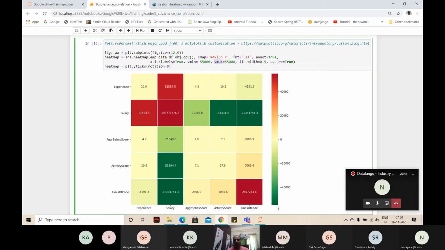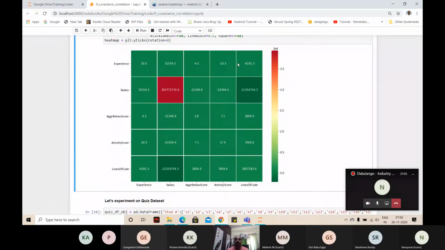On the scale, how much is the minimum and how much is the maximum we should be taking? If I take this out, see that it actually started at 0 and went up somewhere. It did not consider the negative values, and it is showing thick green beyond whatever green it is actually taking.